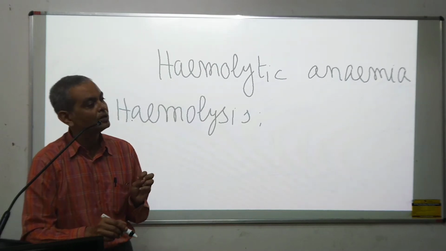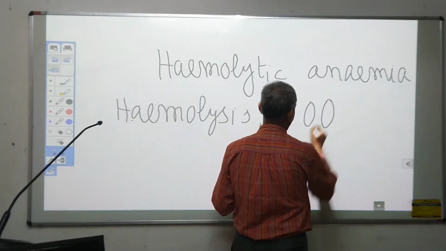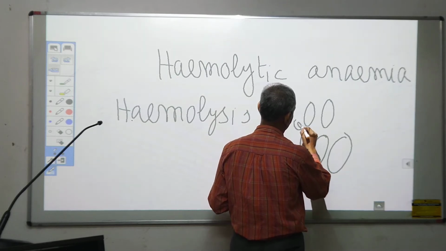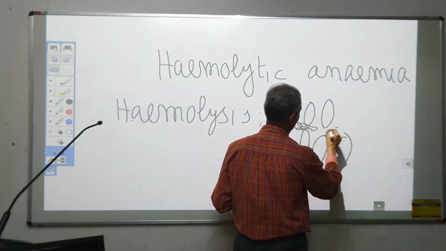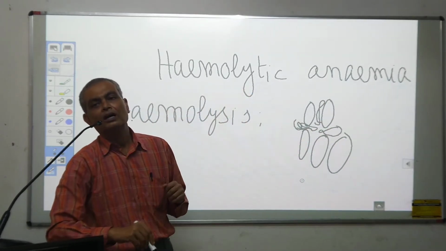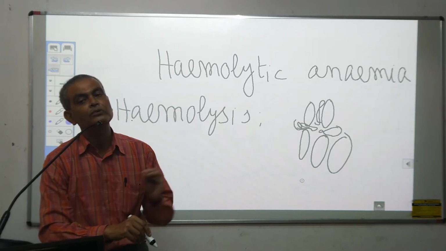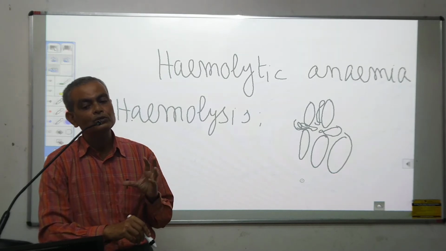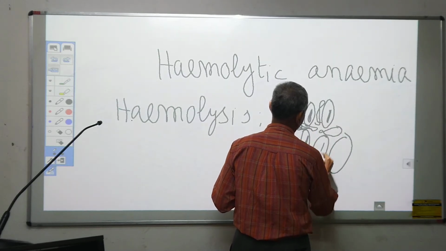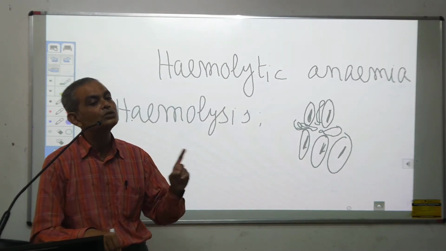And this physiological hemolysis occurs because these reticuloendothelial cells line the sinusoids of the spleen. They are the nucleated cells. They line the sinusoids of the spleen.